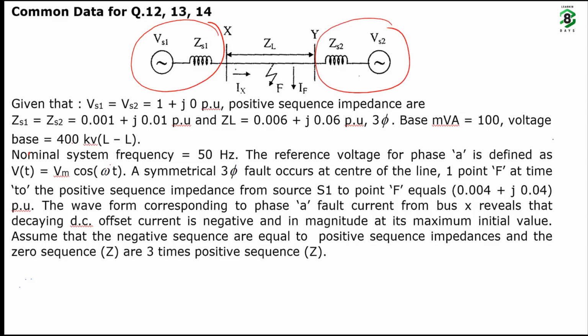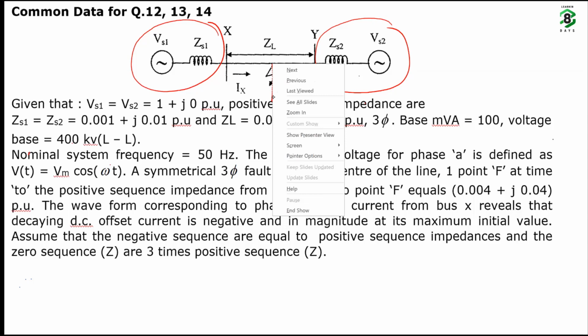Both identical generators are connected by a transmission line. The transmission line impedance is ZL. Exactly in the middle of the transmission line, a three-phase short circuit fault occurred.